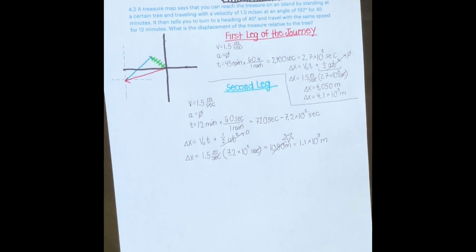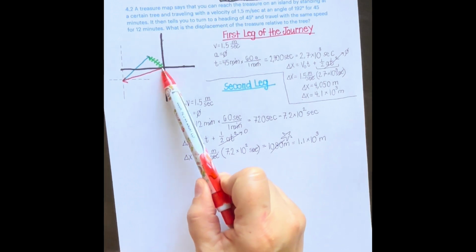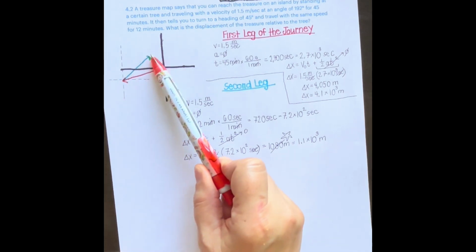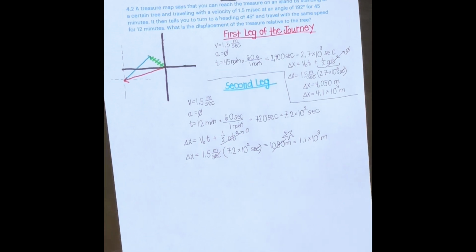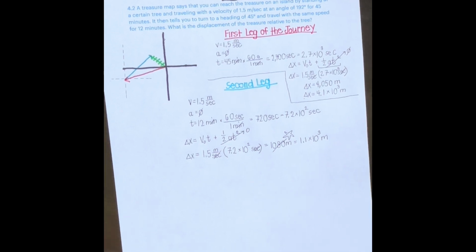So just like we did in problem 4.1, now we can add the two displacements in order to get the final displacement. We have the displacement for the first leg. We have the displacement for the second leg. Now, because we've broken these up, we can recombine them and figure out what the displacement is for the final.